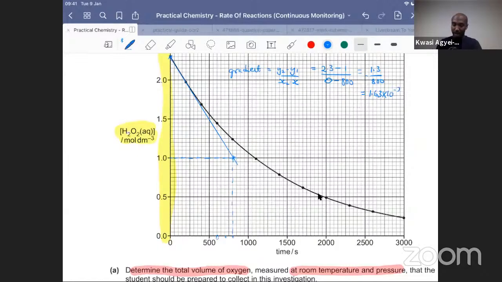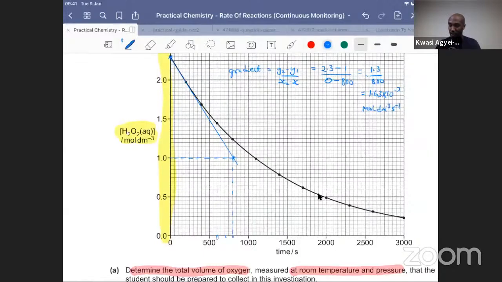And of course, we've got concentration over time, so that would be units of mole per decimeters cubed per second. Okay, so that is our gradient, that is our initial rate.